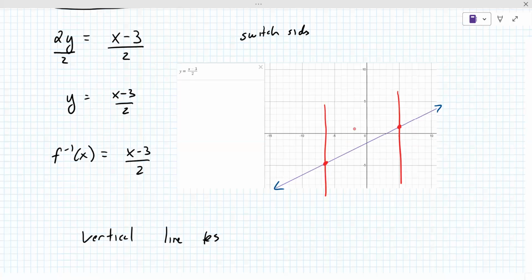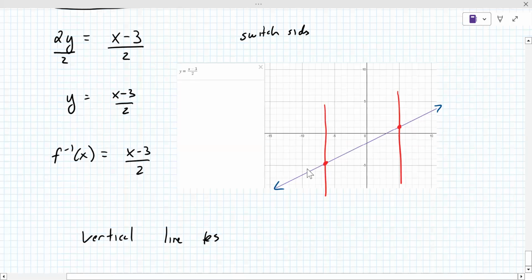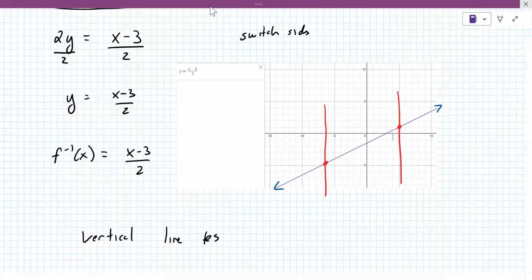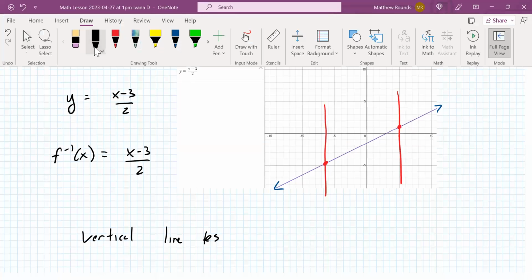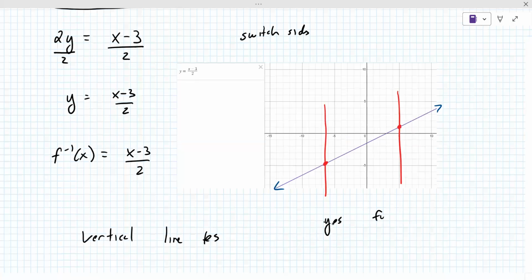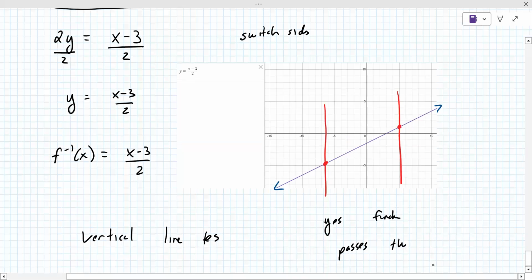So the question is, is there a vertical line that will hit it more than once? No, there is not. So yes, this is a function. The wording is that it passes the vertical line test.